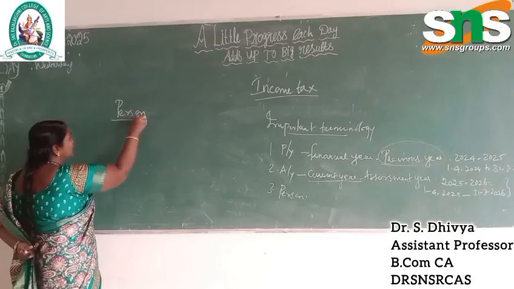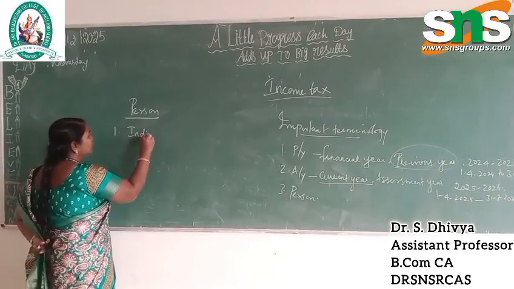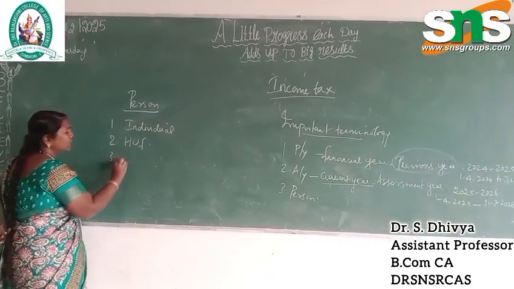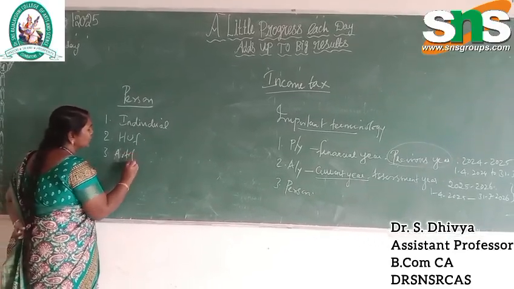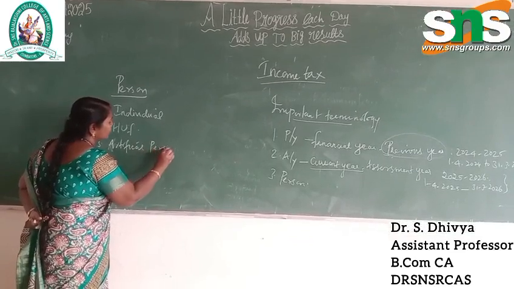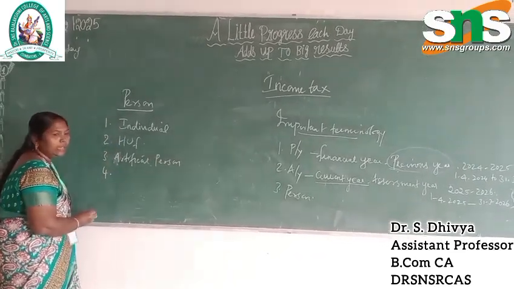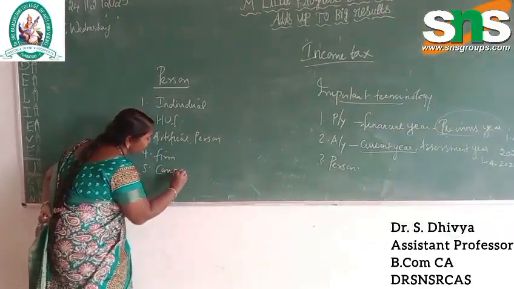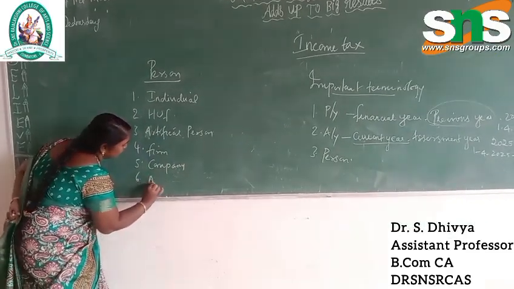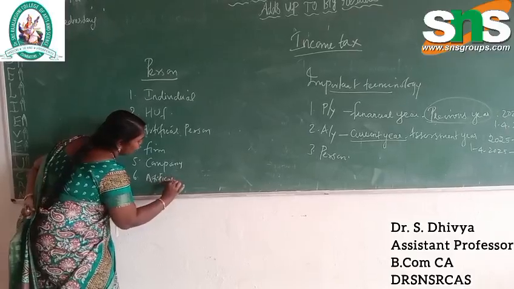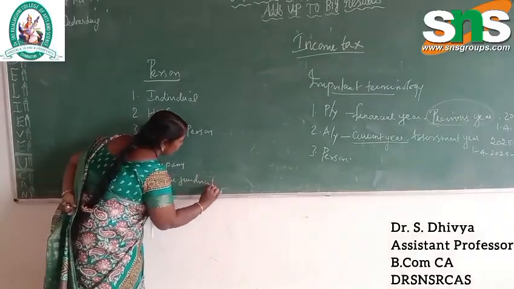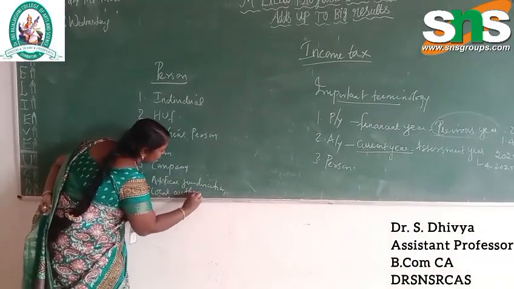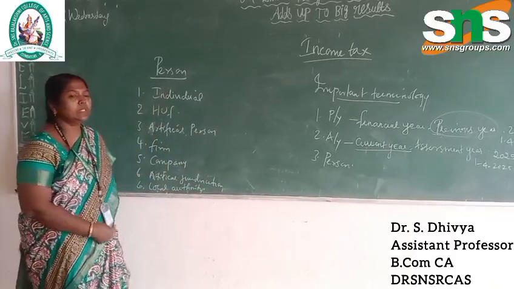The person is: the individual, Hindu undivided family, association of persons, then the firm, the fifth one is the company, artificial juridical person, and finally local authority. These are the categories of the person.